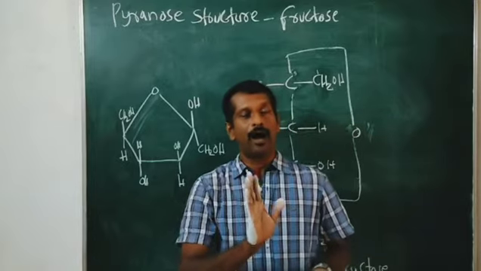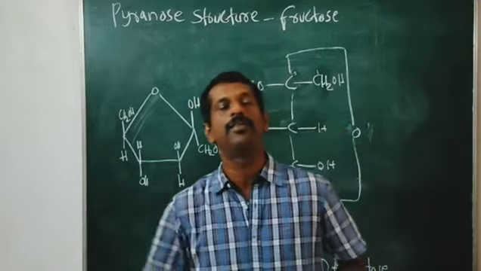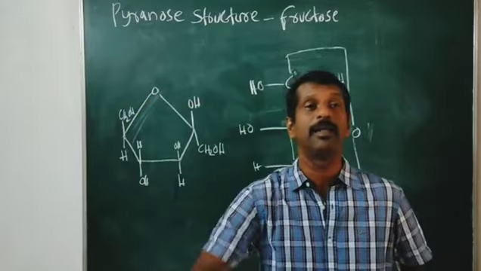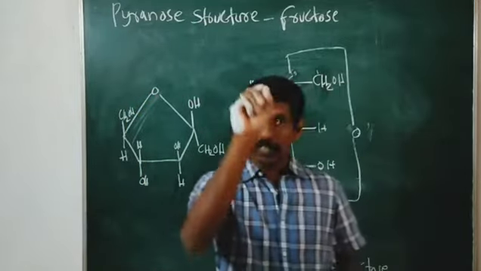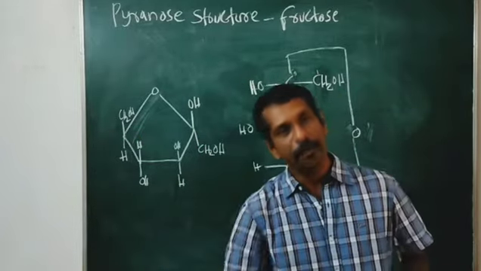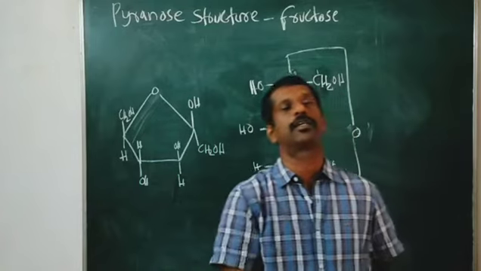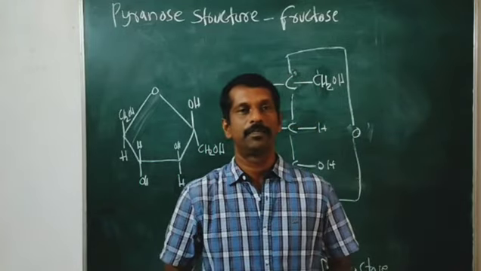But after conversion to the hemiacetal or hemiketal form, the carbonyl carbon becomes chiral. Based on that chiral carbon, we get two structures, alpha and beta, and based on those structures, we can draw the pyranose structure for the two isomers. Okay, thank you.